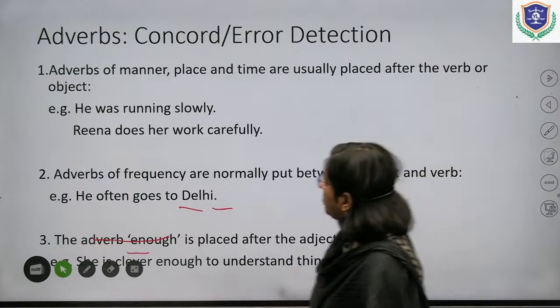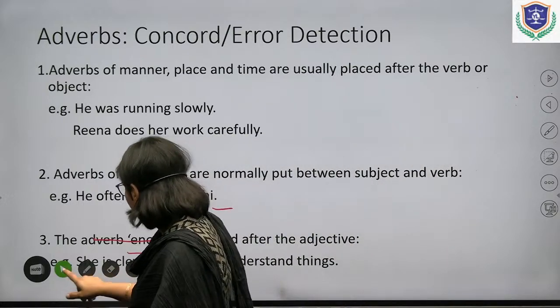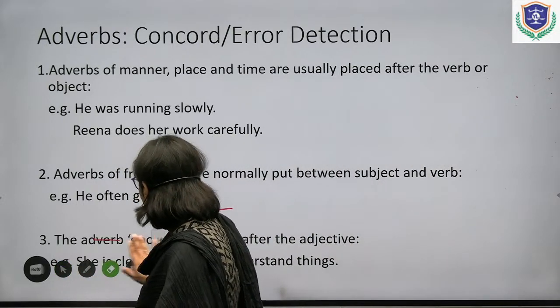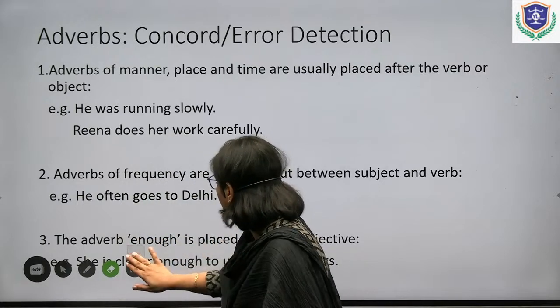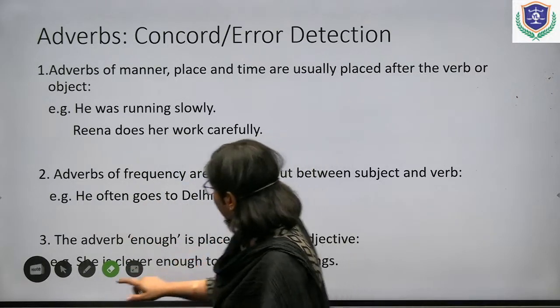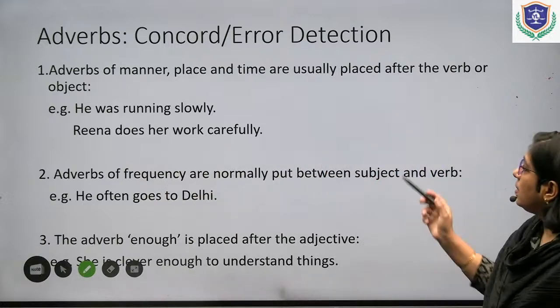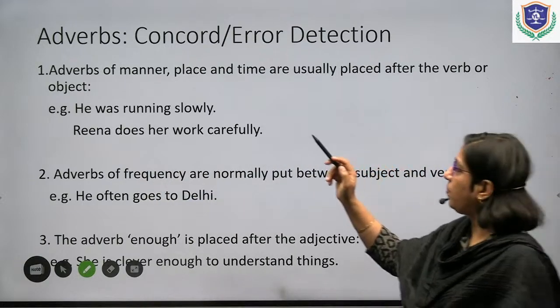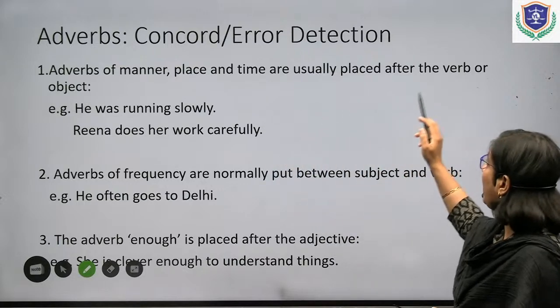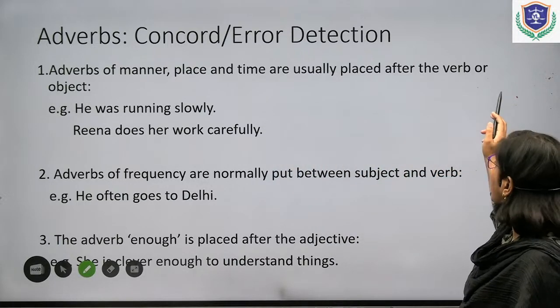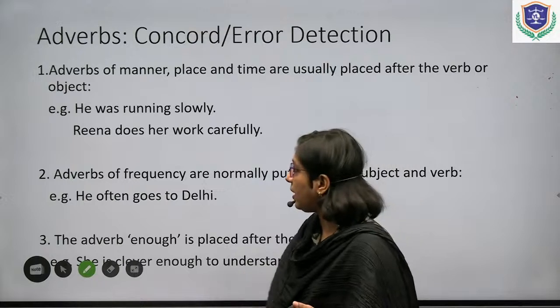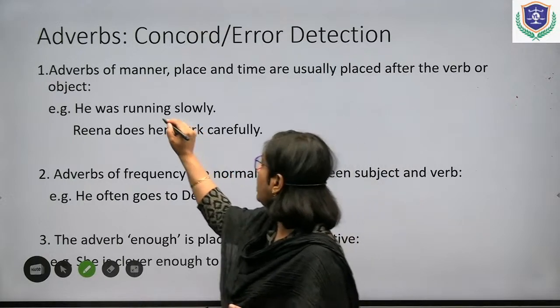Okay, now coming to adverbs, and we are going really quickly. This is just like a rule book which you must try and follow. Here it says adverbs of manner, place and time are placed after the verb or object.